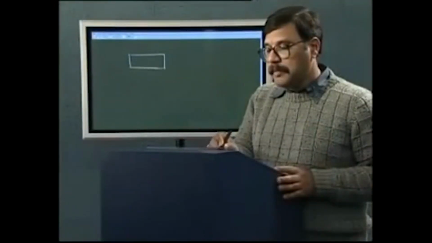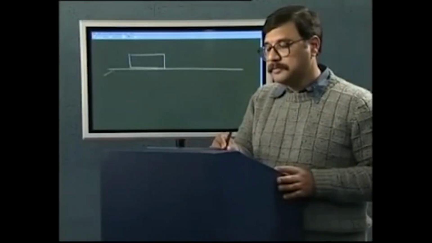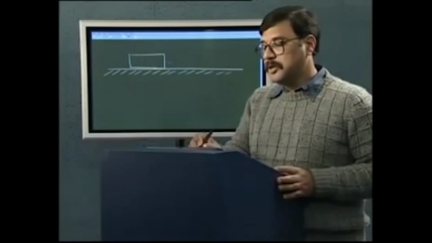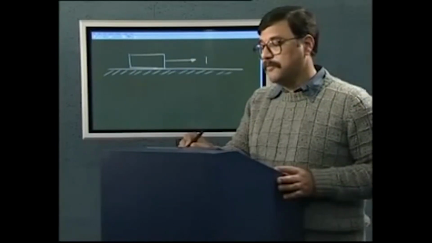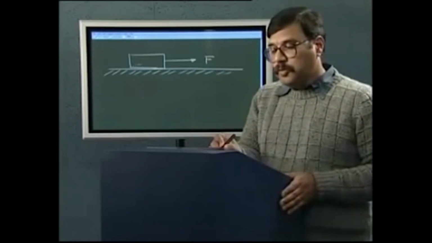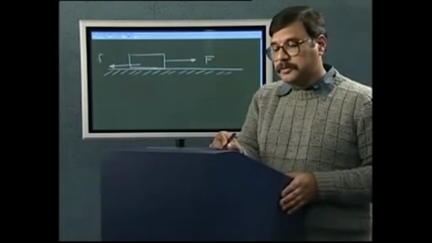So for example, if I take a mass sitting on a surface and I try to pull it by a force F, its tendency to move would be opposed by this frictional force.